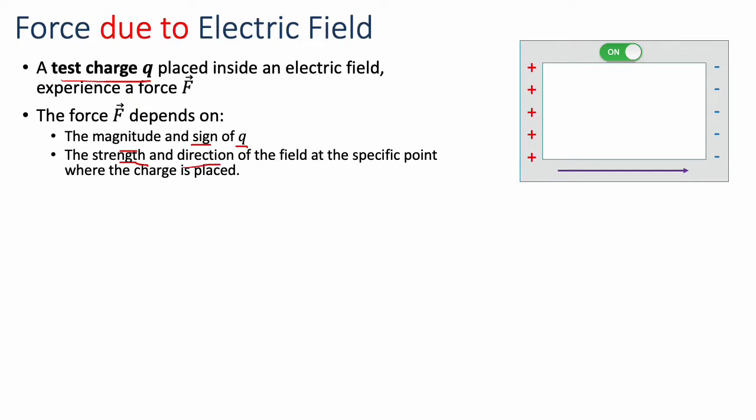It should depend on the magnitude and the sign of Q, and on the strength and the direction of E. So I define the electric field by the force it exerts on a test charge inside it.